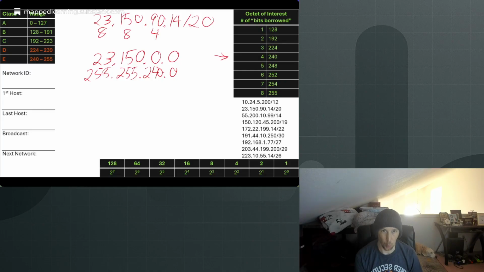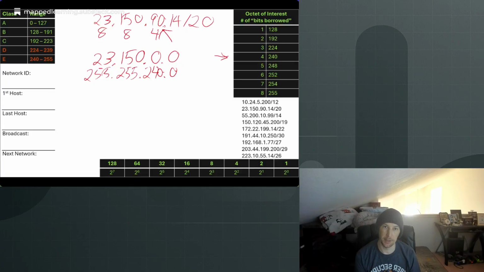Now, without calculating all this stuff, let's just jump right in, getting to this network right here: 23.150.90.14. We need to know everything about that network. So what we're going to do is take 16 and add it to 0 until we get a number that is either 90 or 1 over.